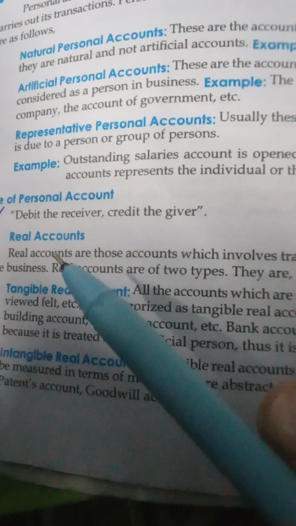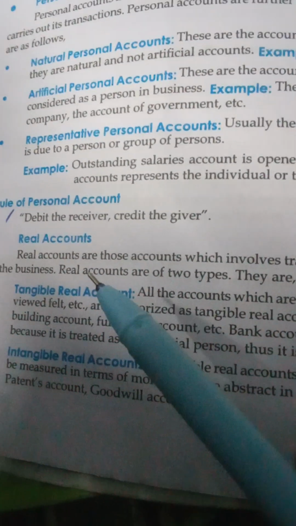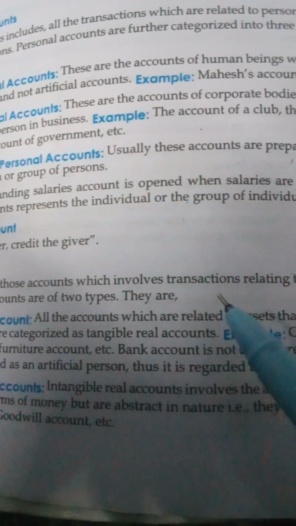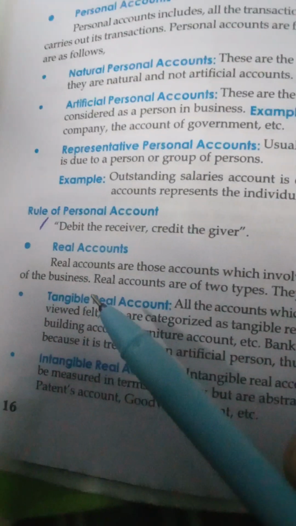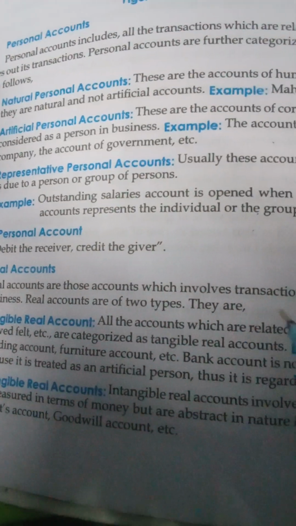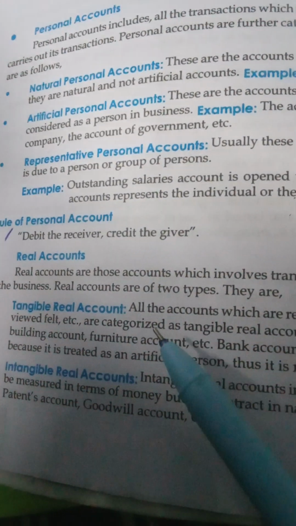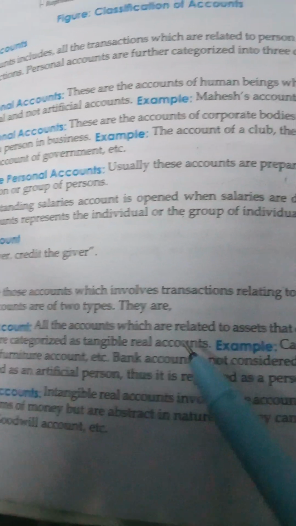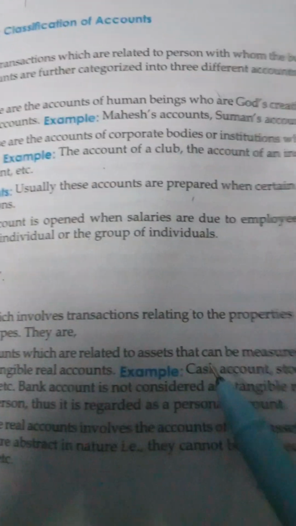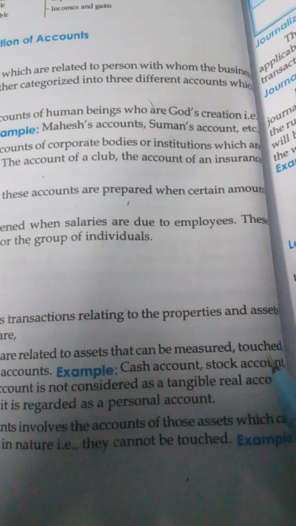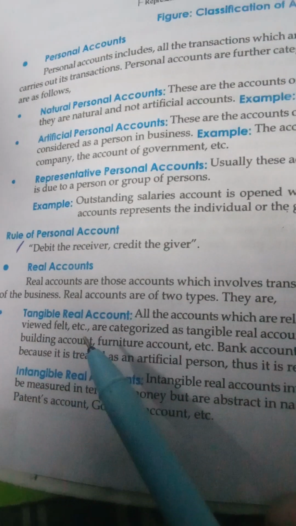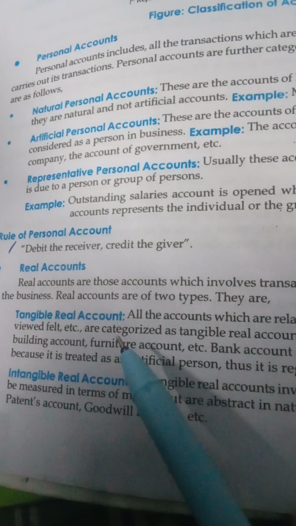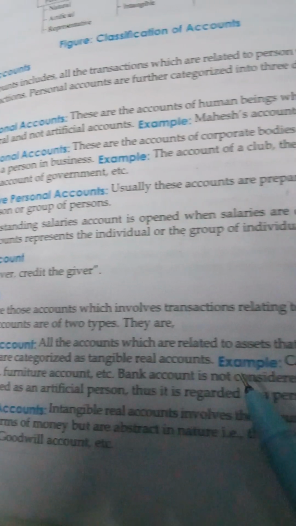Real accounts. Real accounts are those accounts which involve the transactions relating to the properties and assets of the business. Real accounts are of two types. They are tangible real assets. All accounts which are related to the assets that can be measured, touched, viewed, felt, etc. are categorized as tangible real accounts.